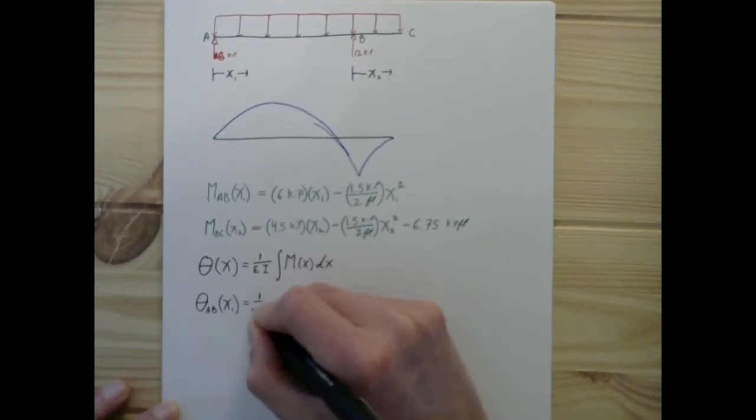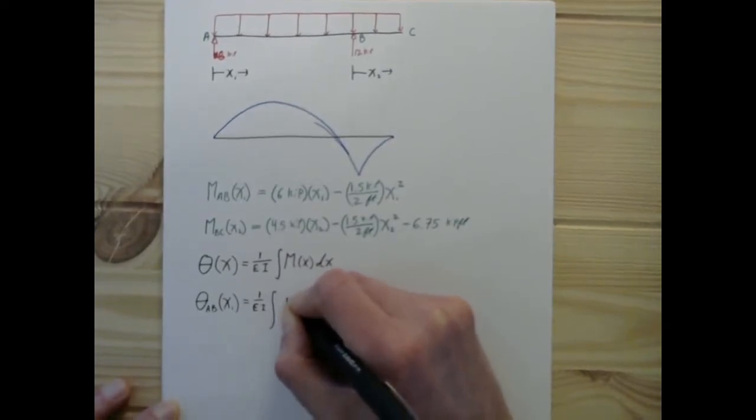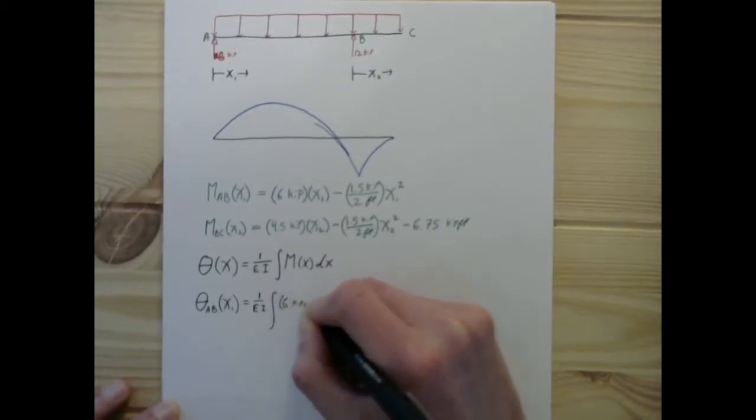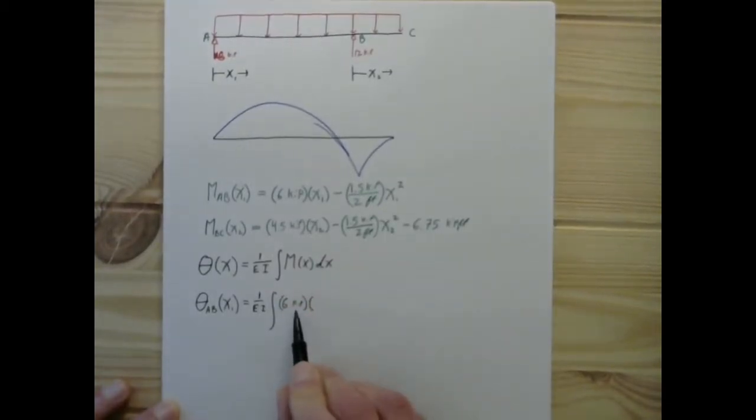It is equal to 1 over the second moment of inertia times 6 kips, and it's going to be tempting, folks, to not write out your units in every one of these integrals, because the units are going to get pretty wild.